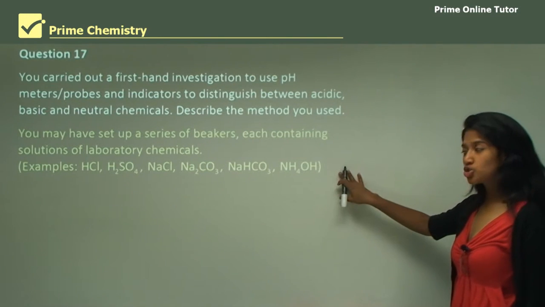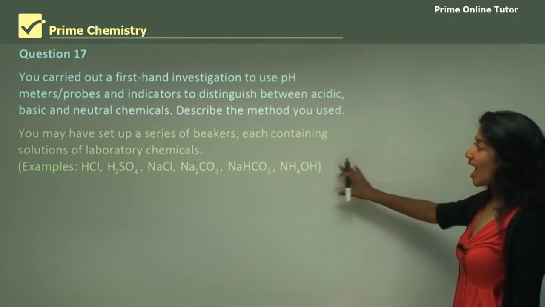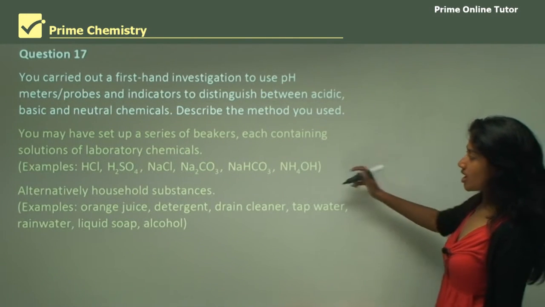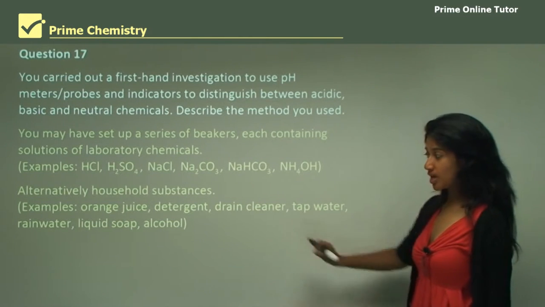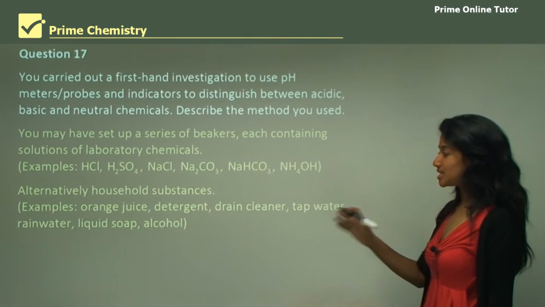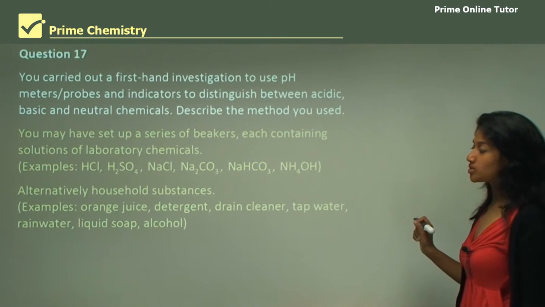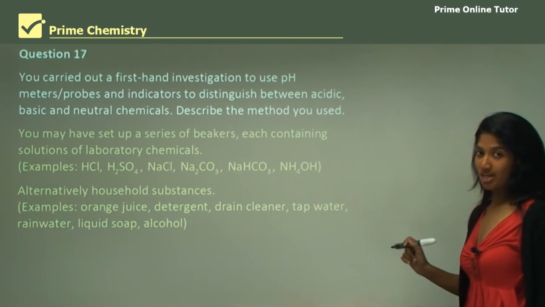As you can see, you should name the chemicals because that way it shows that you know your stuff and also that you are more specific with your ranges of the chemicals you use. Or you could use household items such as orange juice, detergent, drain cleaner, tap water, rainwater, liquid soap, and alcohol. So you may have used some of these in your experiment at school.